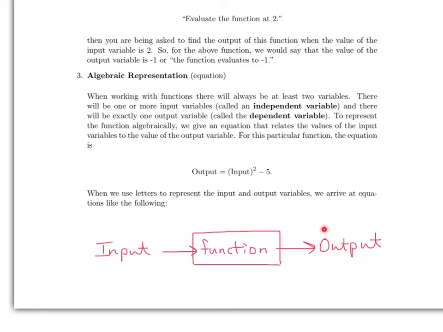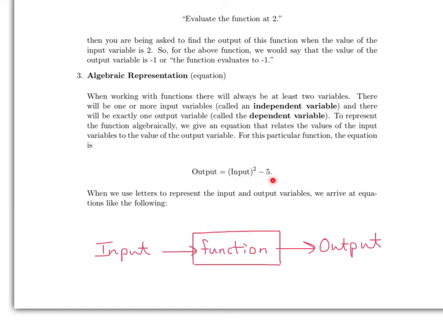So the output is called the dependent variable, and the input is the independent variable. For the function we're talking about in this example, an algebraic representation would be an equation that relates the output to the input. Let's look at this equation. Does it describe the process in this example?